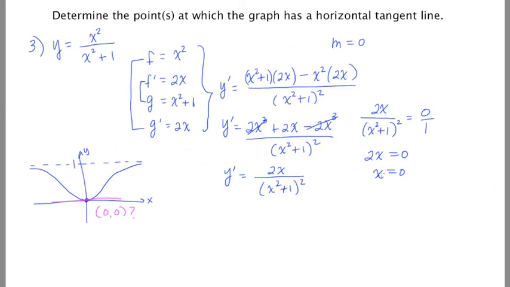When I plug in 0 into the original function, 0 squared over 0 squared plus 1, I end up getting a y value of 0. So consequently, the point at which there's going to be a horizontal tangent line is in fact 0, 0, just like we guessed it to be.